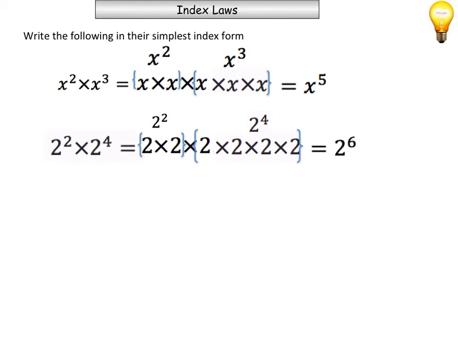We know this because from the previous slide, we've seen that when we have 2 multiplied by itself 6 times, then the base will be 2 and our index will be 6. So it's really important to remember the base tells you the number, or in this case a pronumeral, and the index tells you how many times that number or pronumeral is multiplied by itself.